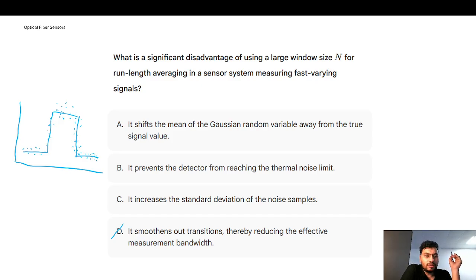So what we need to take is run length averaging, and run length averaging says that we need to keep n something like this. We have discussed the histogram where we saw how the Gaussian signal variance shows.